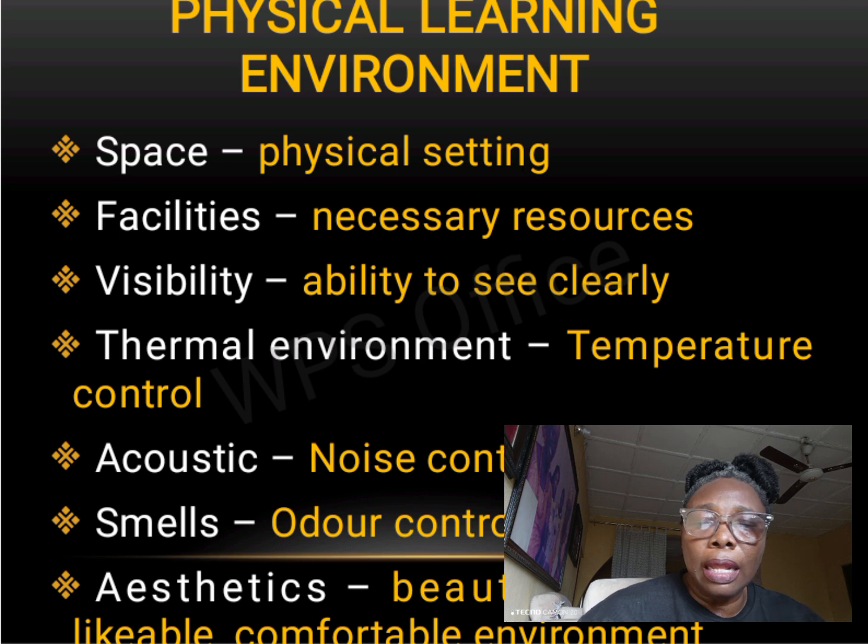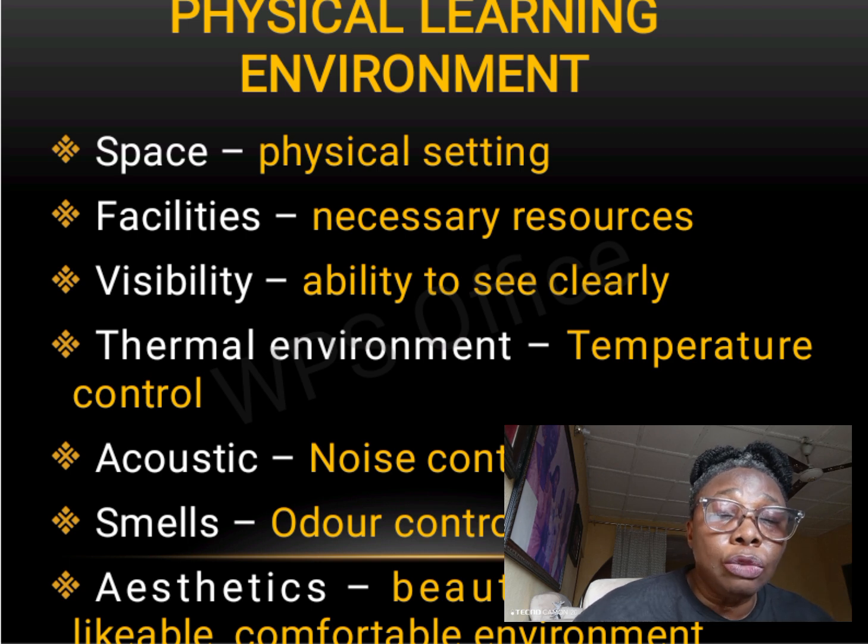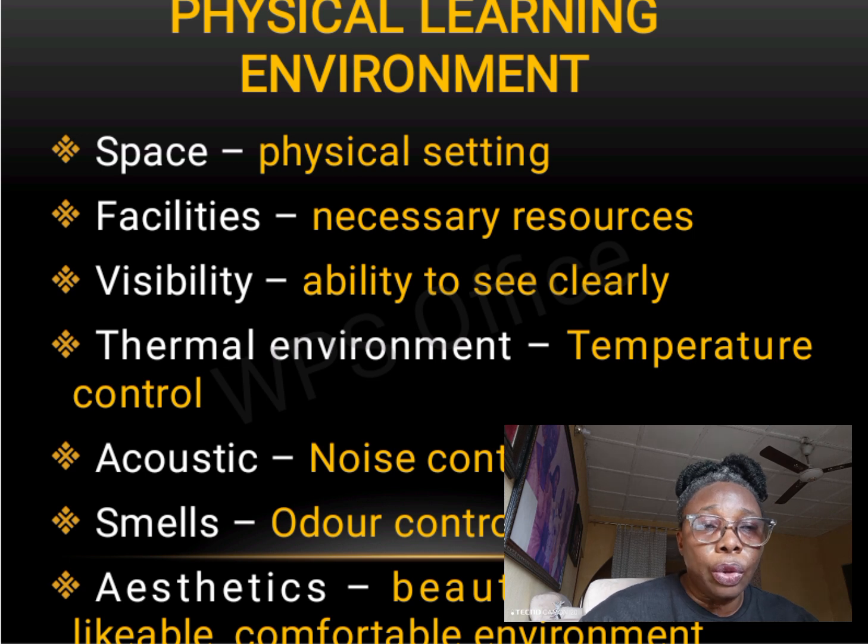We have thermal control, controlling the temperature, sorry. We have acoustics, controlling noise. We have odor control, dealing with smells. And we have aesthetics. We plan for an environment that is pleasing to the learner.